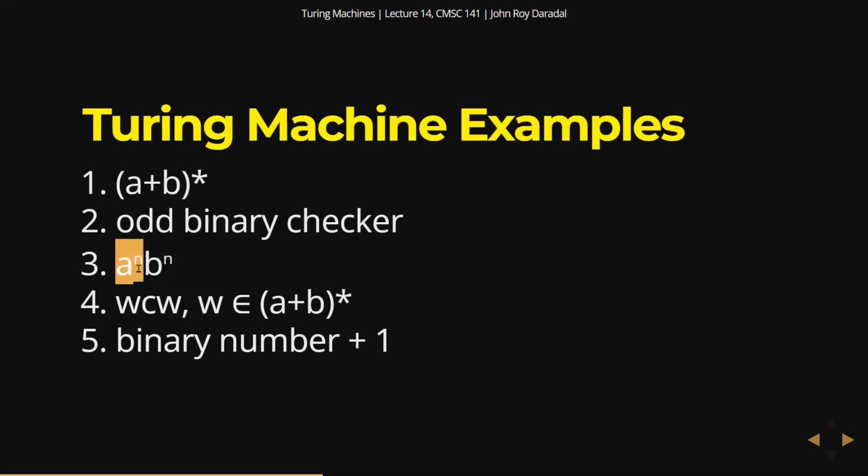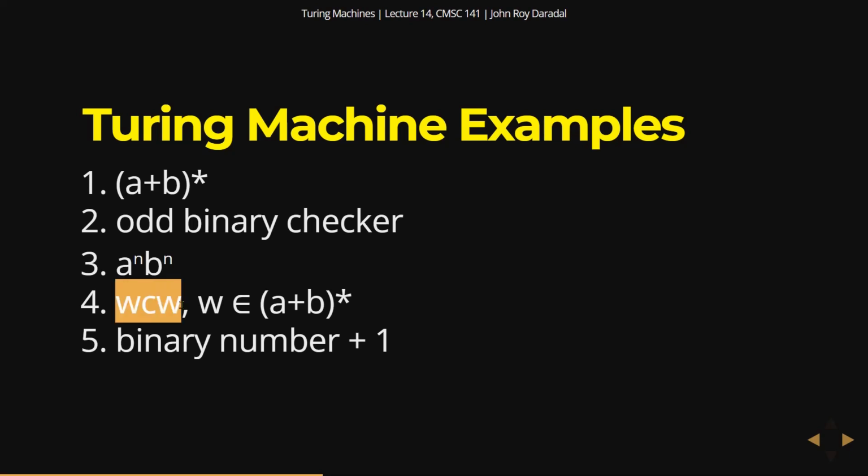A bunch of A's followed by a bunch of B's, and there should be an equal number of A's and B's. Okay, this one WCW, wherein the W here is any combination of A's and B's, and then there's a C at the middle, and then whatever is the combination of A's and B's here should be the same combination here.